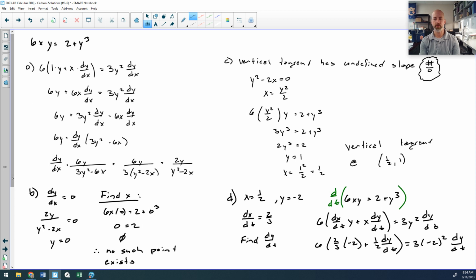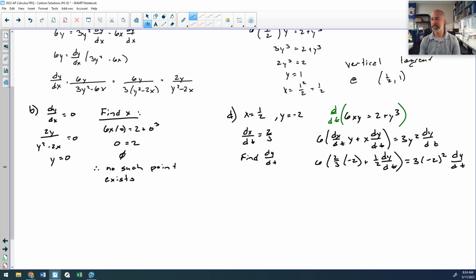And we have to solve that for dy dt. And the arithmetic is, I think, harder than the calculus here. So that's 6 times -4/3 plus 1/2. And I'm going to change my dy dt to y prime now, since there's only the one variable remaining. That'll just be a little bit easier to write. Equals 3 times 4 is 12 y prime.